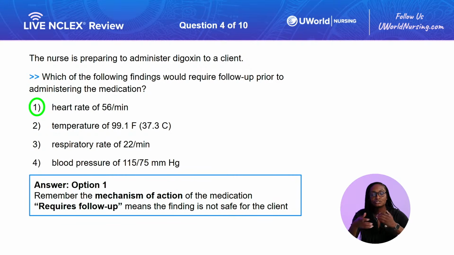All the other options don't really have a factor when it comes to digoxin. A temperature of 99.1 is lower than a fever, so you can still give it. We usually don't treat temperatures unless it's above 100.1, so this one doesn't even matter. Option 3, respiratory rate of 22.